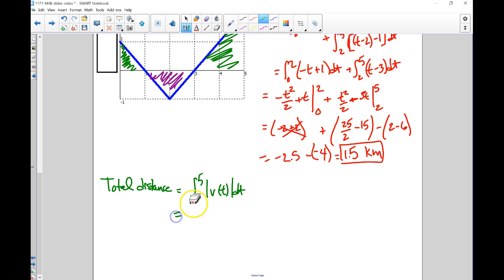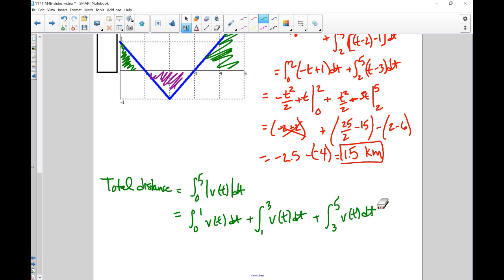But this now breaks up as from 0 to 1, because that's a positive region, of v of t dt, plus the negative region, from 1 to 3 of v of t dt, plus 3 to 5 of v of t dt.